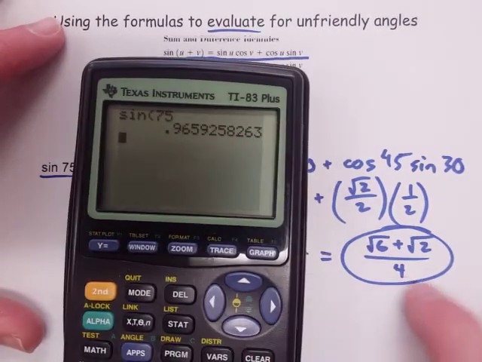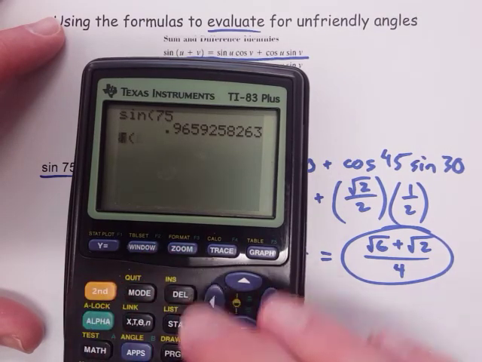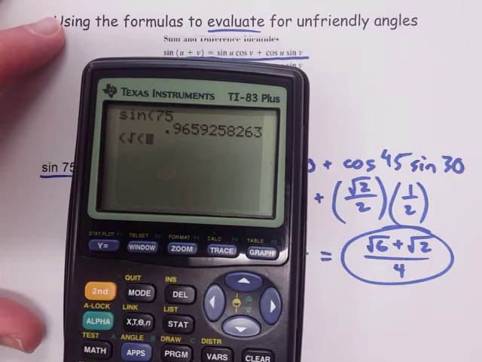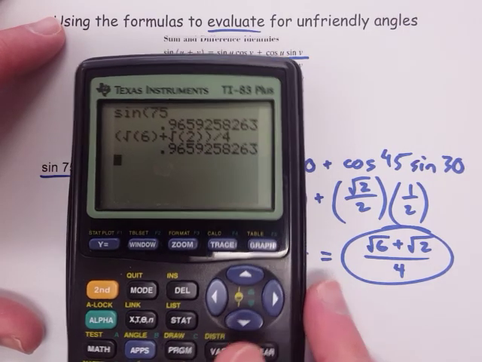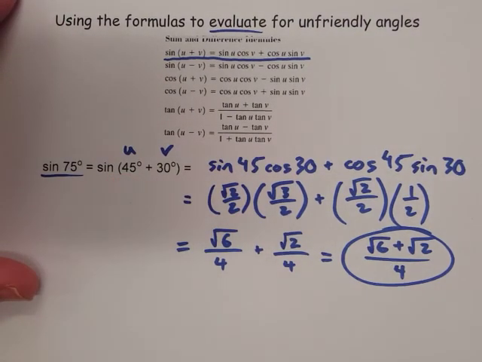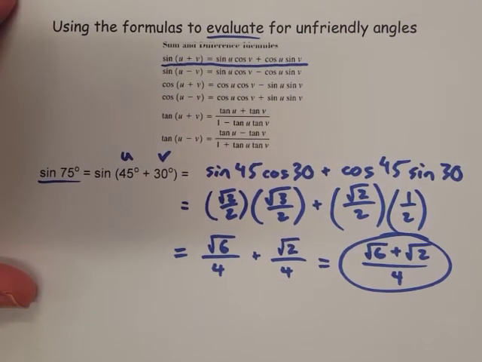Now let's make sure that that is the same thing as what we have right here. So parentheses, square root of 6 plus square root of 2, close those parentheses, divide that by 4. And the good thing is that it is exactly the same thing. So that checks out, and that is how you use the sum formula to evaluate the sine of an unfriendly angle.